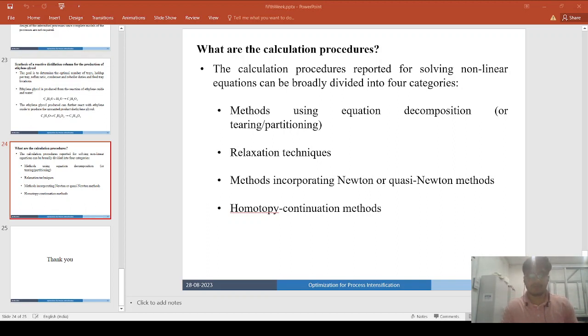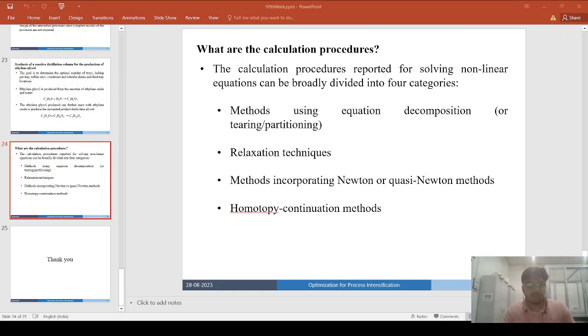The calculation procedures reported for solving non-linear equations can be broadly divided into four categories: methods using equation decomposition or tearing and partitioning, methods using relaxation techniques, methods incorporating Newton or quasi-Newton methods, and homotopy and continuation methods.